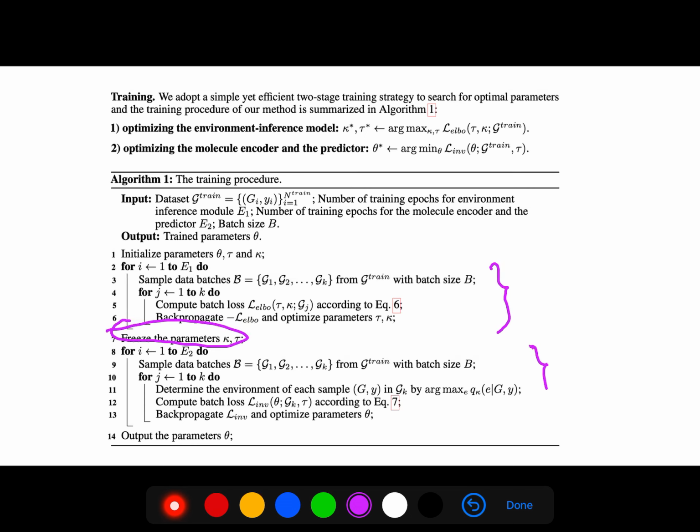And now because we have frozen the parameters, we sample batches again, but now we have to determine the environment. So what is the argmax? Which environment maximizes this probability? And then we backpropagate L of inverse. So here L of ELBO, we freeze it, and then we backpropagate for the loss of inverse.